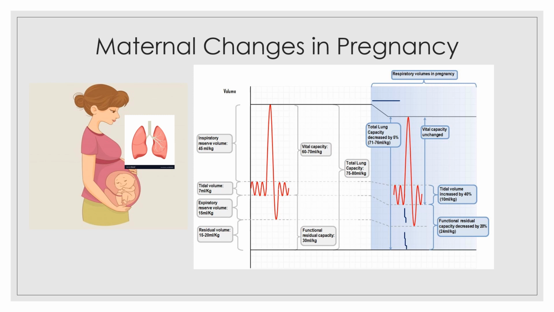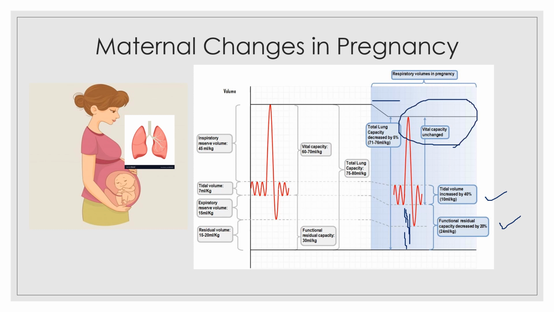We know that residual volume and expiratory reserve volume combine to form the functional residual capacity, so the functional residual capacity will be reduced by 20%. Whereas there will be an increase in the inspiratory reserve volume and the tidal volume. So inspiratory capacity will be increased, and most importantly the vital capacity will remain unchanged.